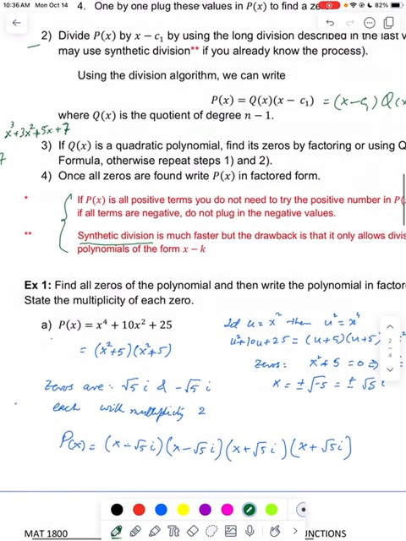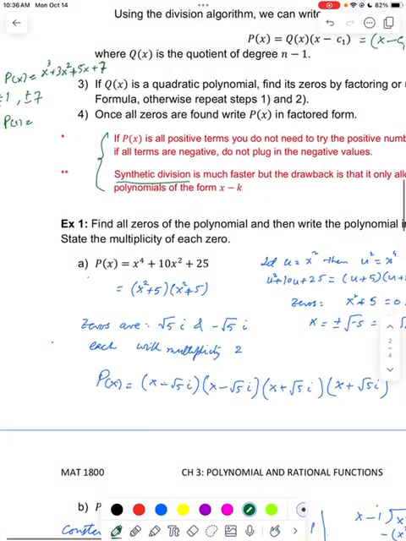So here, let's look at the first polynomial. Now this polynomial is something we can factor without going through the process that I just explained. But if you want to go through that, you may.